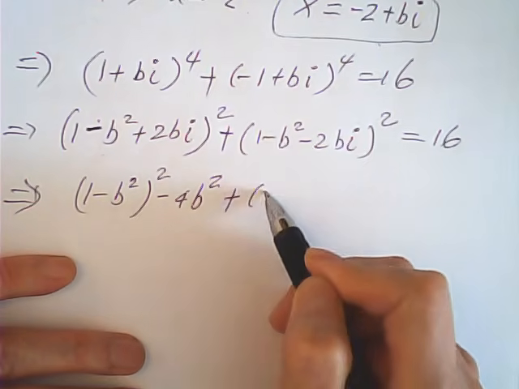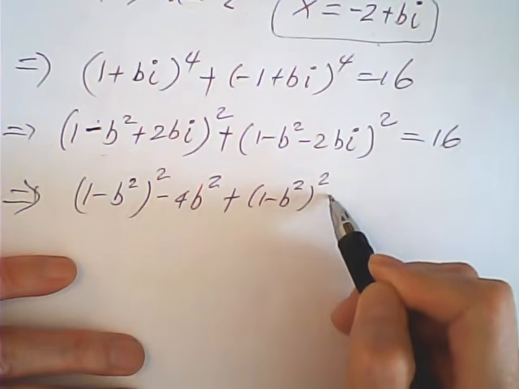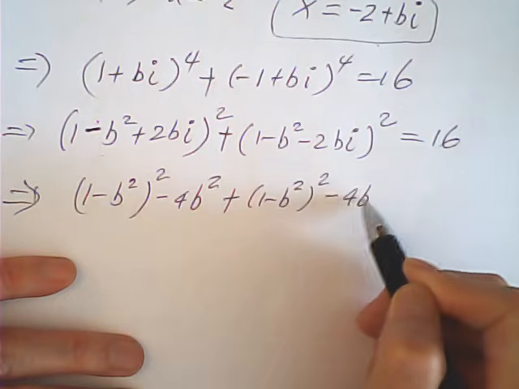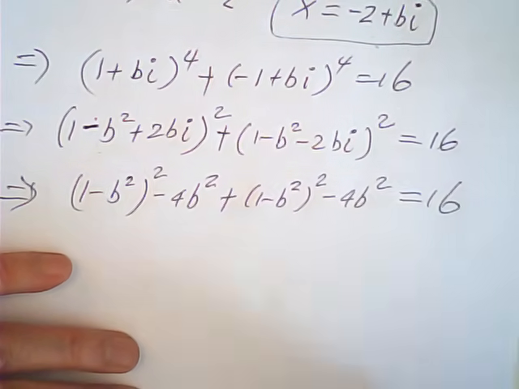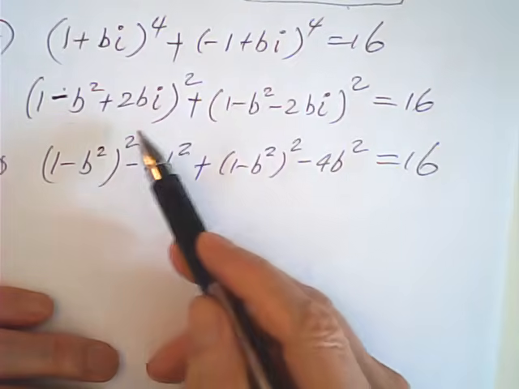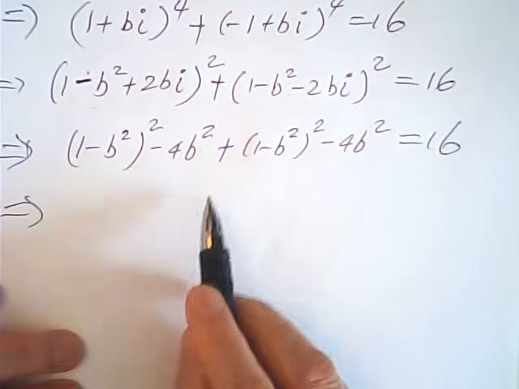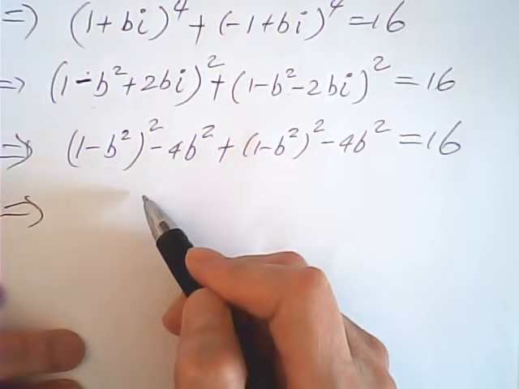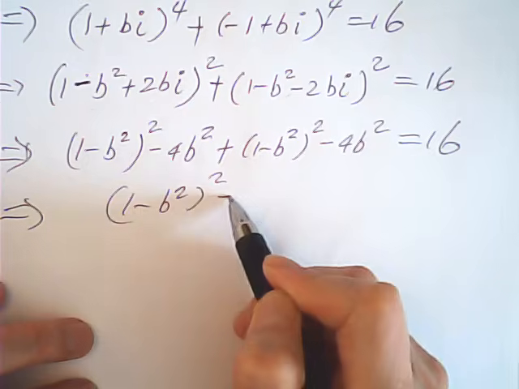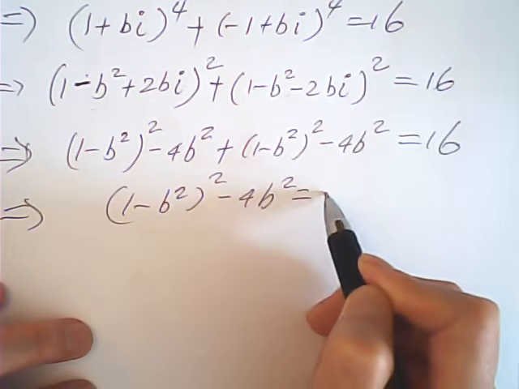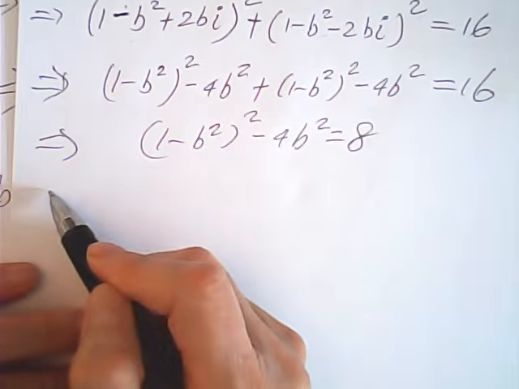Same thing as this one, 1 minus B square minus 4B square equal to 16. And forget the imaginary part. This means that these two are the same: 1 minus B square minus 4B square is equal to 8.